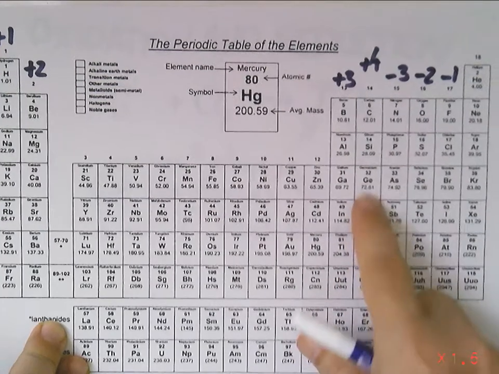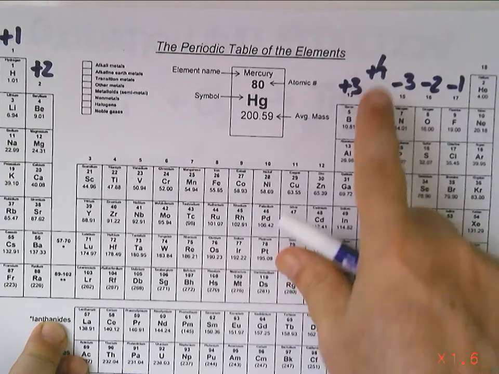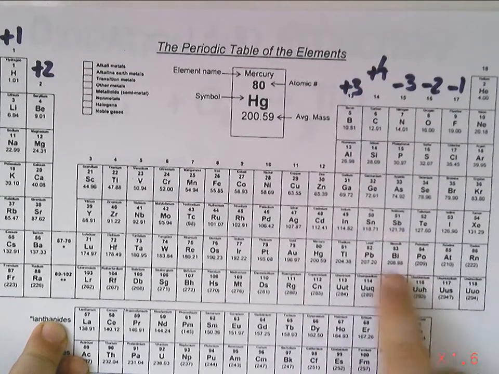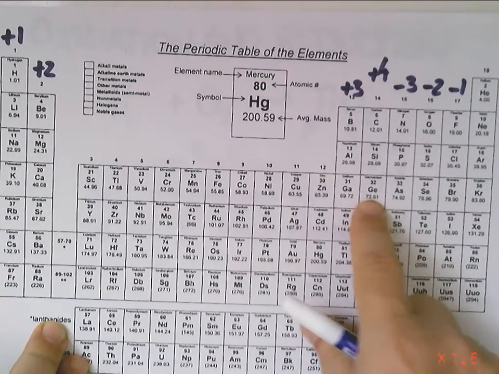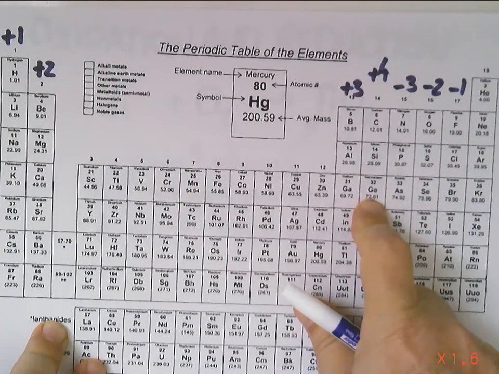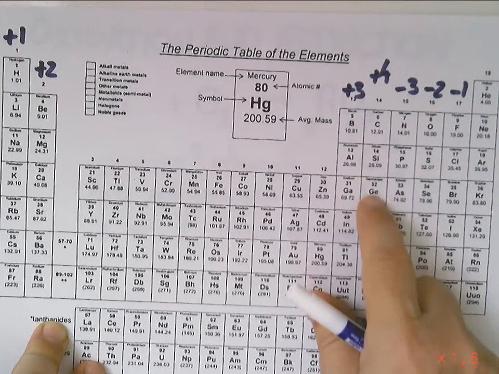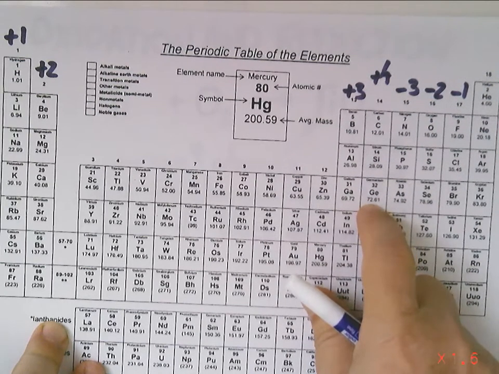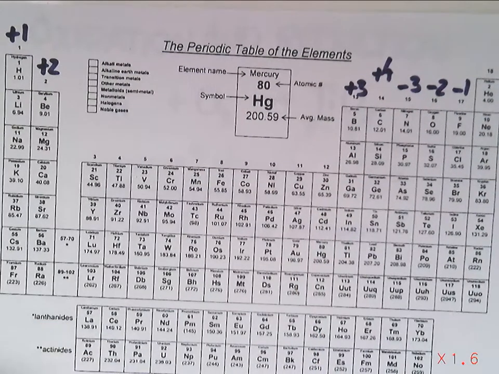Positive charges are for the metals in this column. For example, lead can form a +4 ion. Tin can form a +4 ion. Even germanium, but germanium is a metalloid and it kind of shares. So these things don't form ions at all. Carbon, silicon, and germanium tend not to form ions.